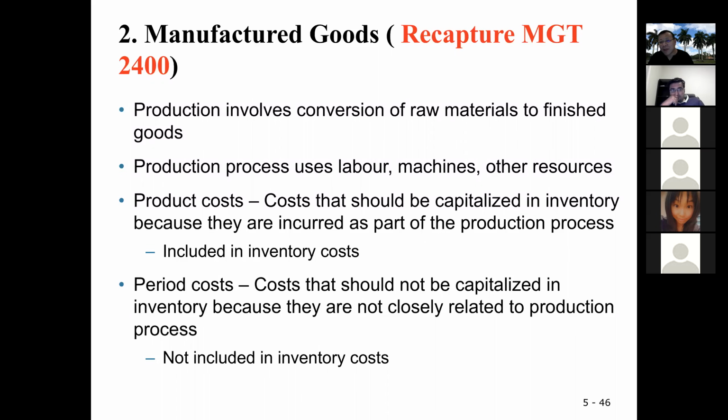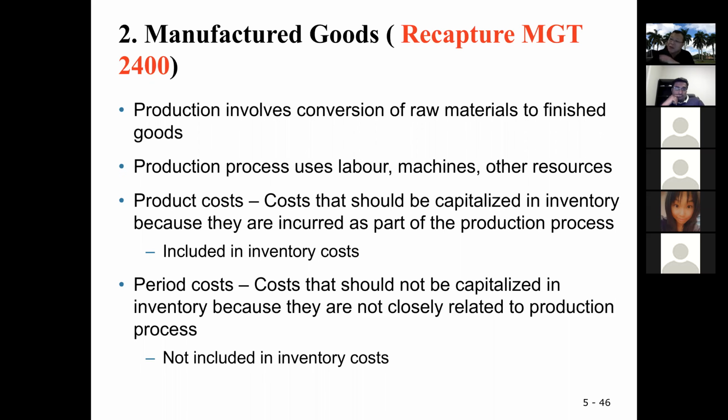If you are renting a building for the admin people, not for the factory, then the rent for that building is a period cost, because it's for admin people and not for the frontline workers.